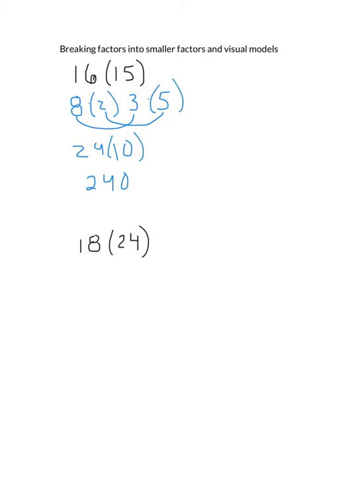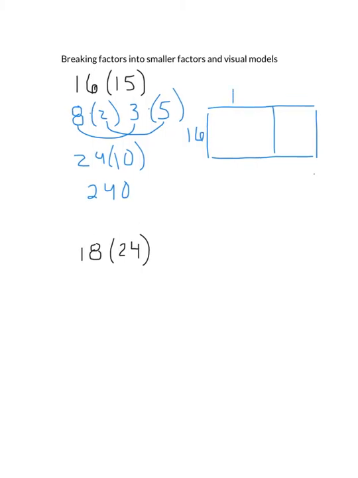Now if we think about a visual model to represent that, well, we could use an area model, could be one way we do it. We could make this whole thing 16. Make this 10. So 16 tens is 160.